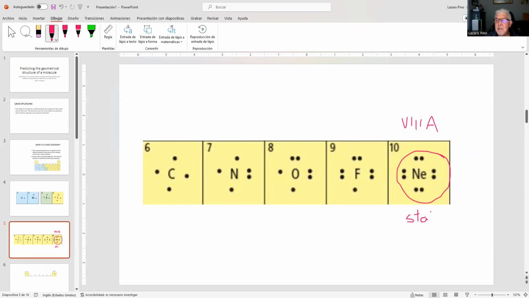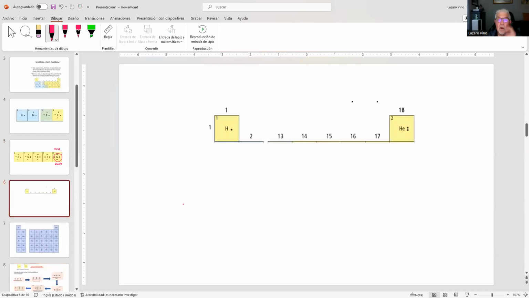So they don't need more electrons to be stable. That's why they don't react with other atoms. And they are called noble gases. They are inert. Let's go to the following.